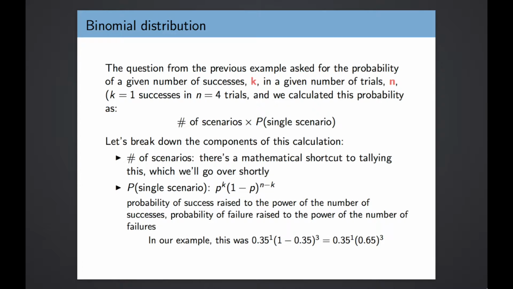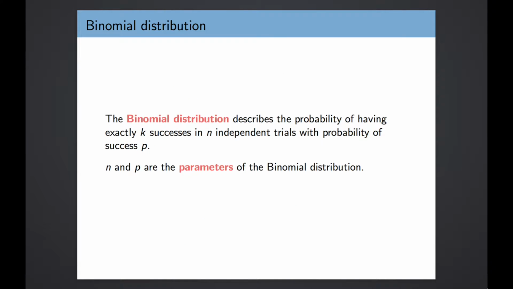So we're going to continue going over how we calculate binomial probabilities, but let's stop for a minute and talk about the formal definition of a binomial distribution. The binomial distribution describes the probability of having exactly k successes in n trials with a certain probability of success, which we denote p. The parameters of the binomial distribution, the things that define the shape of the binomial distribution and the probabilities within that distribution, are n and p.